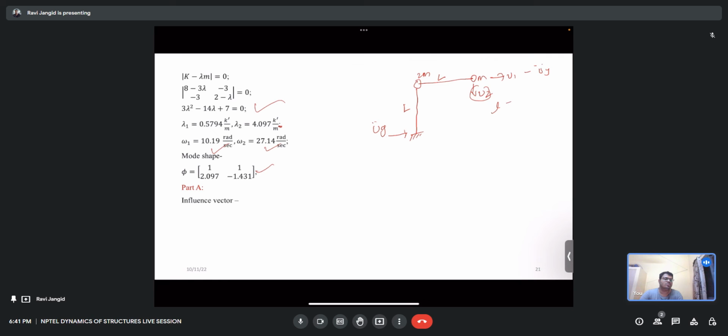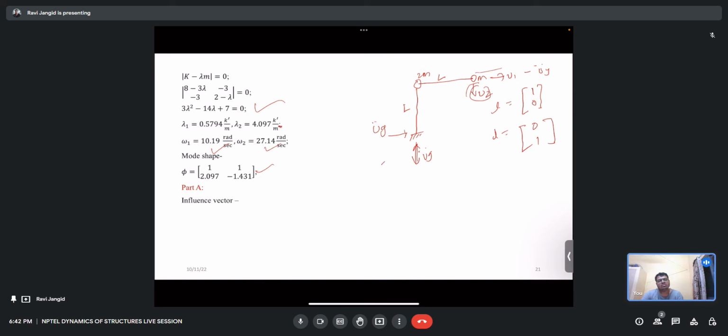So my influence vector would be 1, 0. Okay, if I apply a vertical ground motion downward ug double dot, then my influence vector would be 0 and 1, because the other degree of freedom will not move in this direction. The displacement or acceleration of u2 in that direction will be 0.